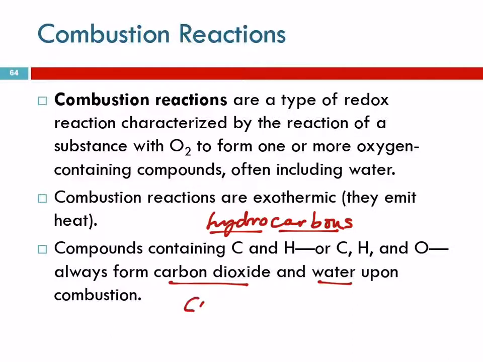So CO2 and H2O. Those are the only sorts of combustion reactions that we're going to make you predict products for. The products are always the same, carbon dioxide and water.